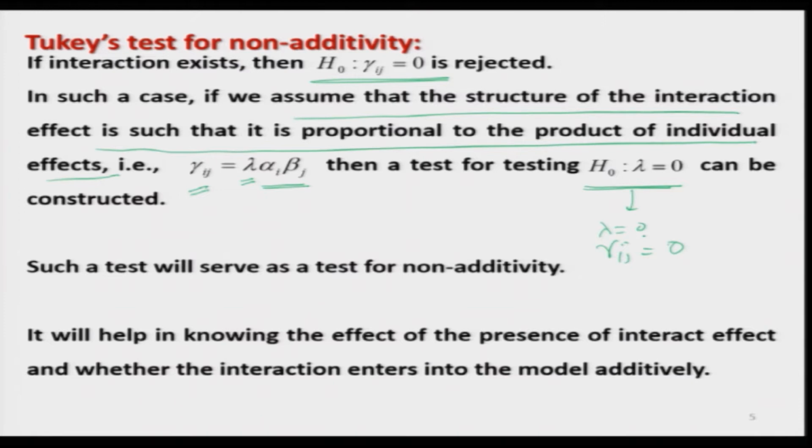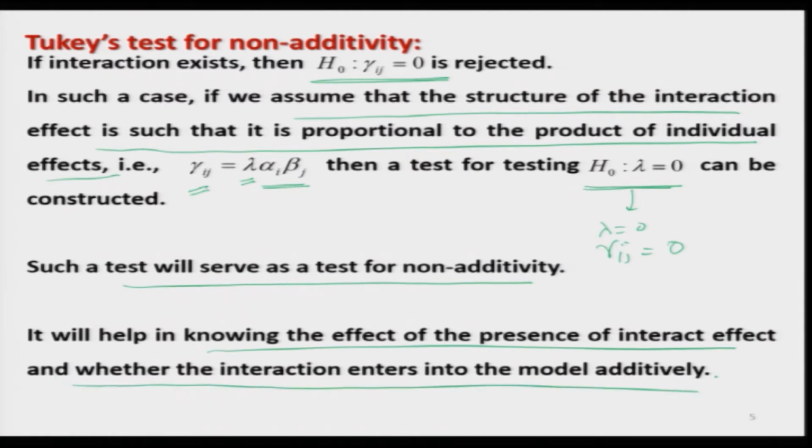So, if we can develop a test of hypothesis for H naught lambda equal to 0, such a test will serve as a test for non-additivity, and it will help us in knowing the effect of the presence of interaction and whether the interaction enters into the model additively or not, right.